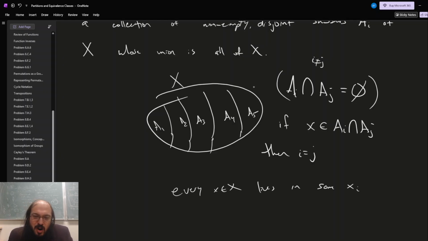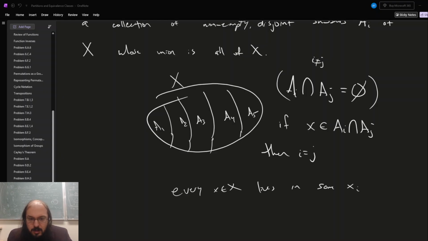Once you've sorted them all into their respective categories, then those categories are playing the role of the Ai. There's no coin which is both a nickel and a dime. And if somehow you had a coin belonging to two classes, you would realize that actually those are the same class all along, because all the coins are visibly and obviously distinct classes.